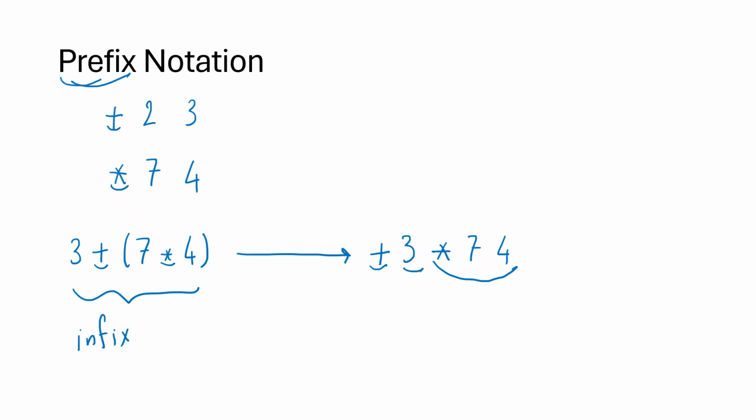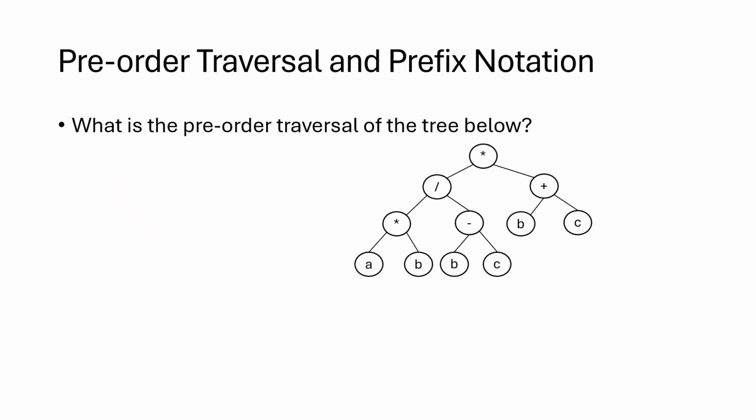So this is the prefix notation, and you can guess what's going to happen now. If you have the same parse tree for the expression, and this time we do a pre-order traversal, what we are going to get is the prefix notation of that same expression. And if you do that, you'll see that for prefix, remember, we do the root first, so multiply. So that's the first multiplication here.